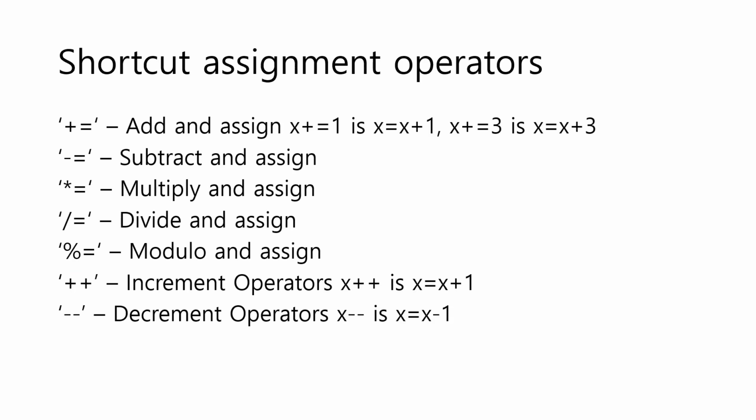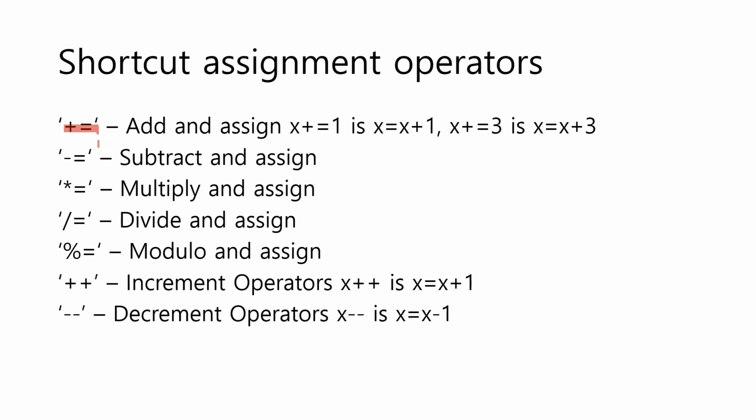I told you that the assignment operator, the equal sign, was used to assign a specific value to a variable. Now, there are a lot of times when you have to assign a value to a variable, and since programmers do not like repeating stuff over and over again, we decided to make it shorter. The first example is the plus equal sign.